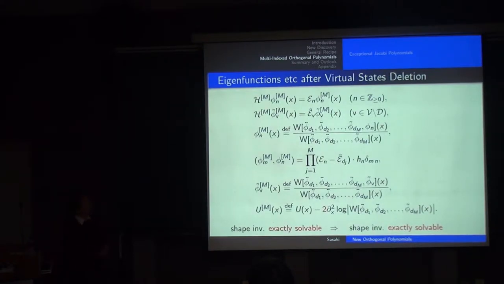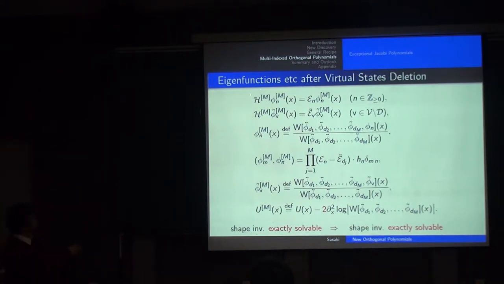So this is just, I wrote down the new Hamiltonian, which has new eigenfunctions that are just obtained by using these seed solutions, and the Wronskian here. And these are the norms, and these norms are always positive.